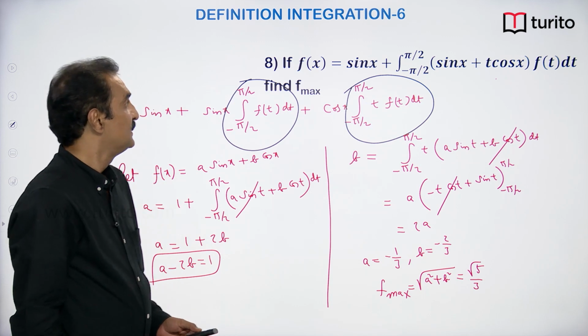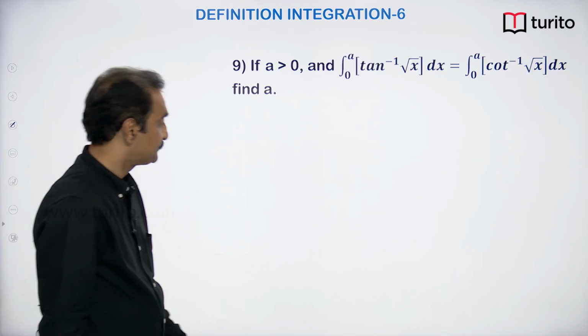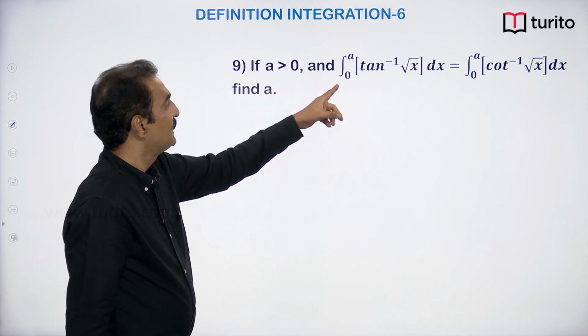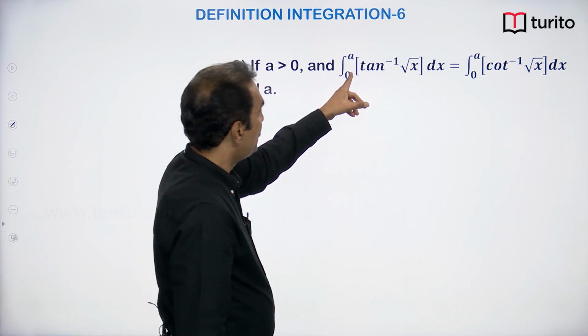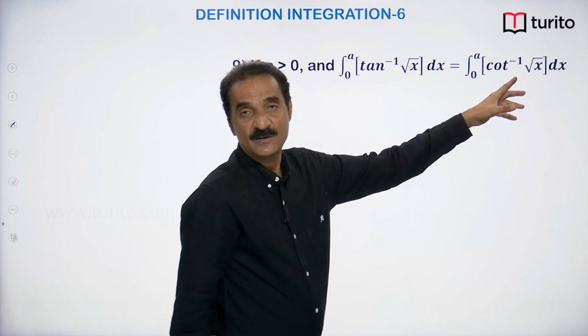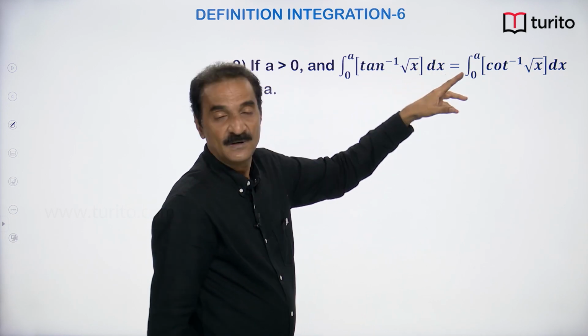Okay. Next question. If a is greater than 0 and integral 0 to a of the integral part of tan inverse root x is equal to integral 0 to a of the integral part of cot inverse root x, find a.